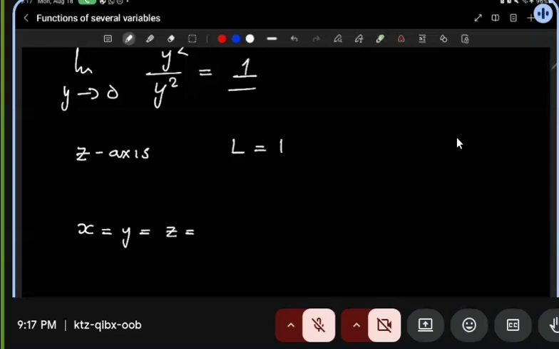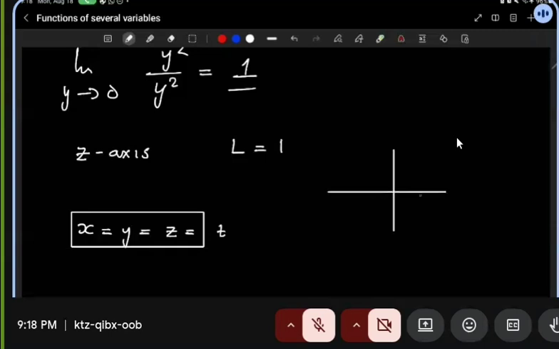So if they have the same value, we can even set that value to be a random letter, maybe even n or a or t. What we're saying is we're approaching along a route where x, y, and z have the same value. Picture such a route in the xy plane: it's that route where x is equal to y. That is a straight line slanting upwards like this. So an equivalent in 3 dimensions where x, y, and z are all equal.